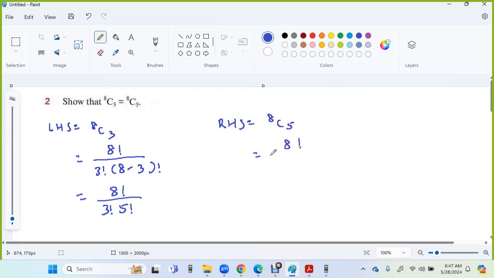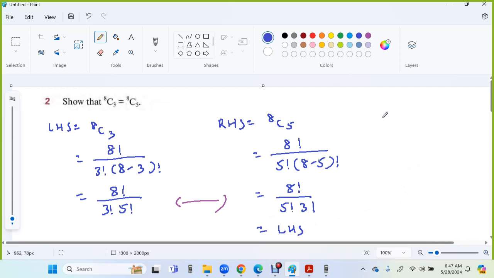Then it will be 8 factorial over 5 factorial times 8 minus 5 factorial. Then it is 8 factorial over 5 factorial times 3 factorial. Okay, so these two are the same, so this equals the left-hand side. So 8C3 equals 8 factorial over 3 factorial times 5 factorial, which equals 8C5.